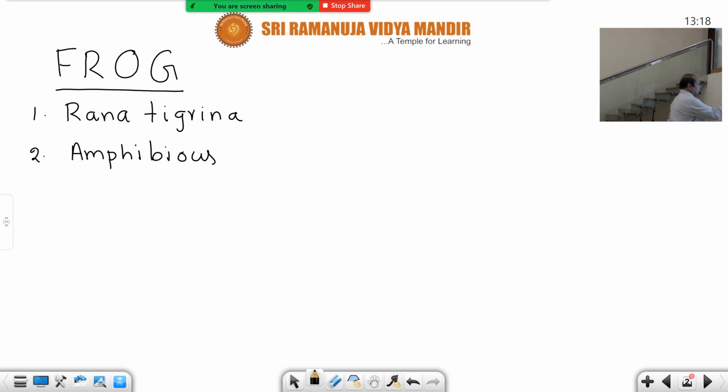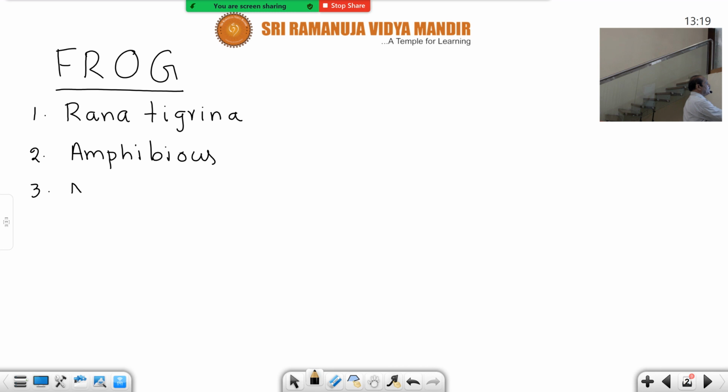Amphibians are the only vertebrates which are not reported from seawater, of course not given in the book. Even in the general characters of Amphibia it is not given. But this is an understanding type question: which group of vertebrates is not found in marine habitat? That is Amphibia.